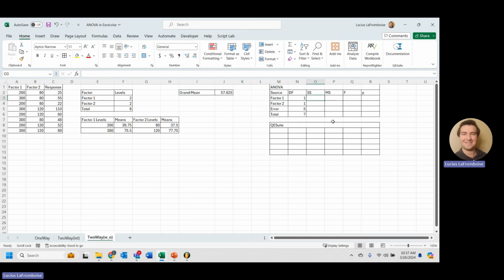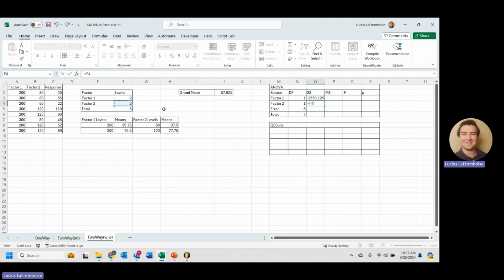Awesome. So now we're ready to calculate our sum squares of factor 1, and that equals the number of levels for that factor times n total over factor 1 level count times factor 2 level count, close those up, times the sum square of our group means minus our grand mean.